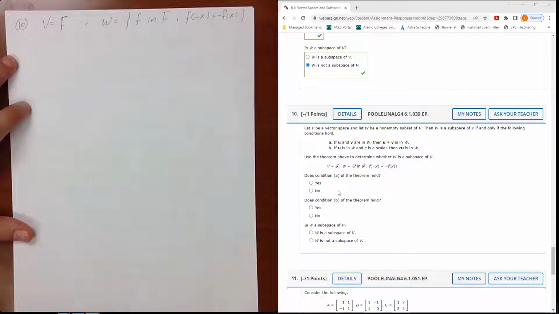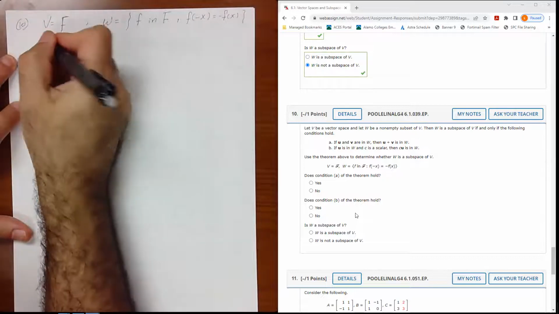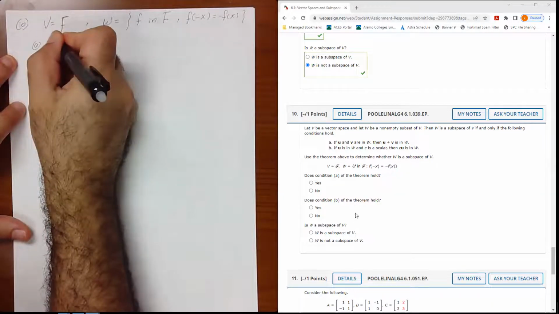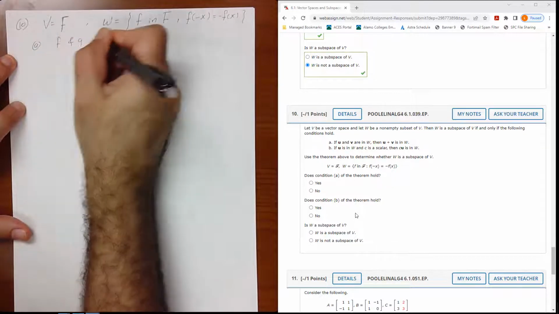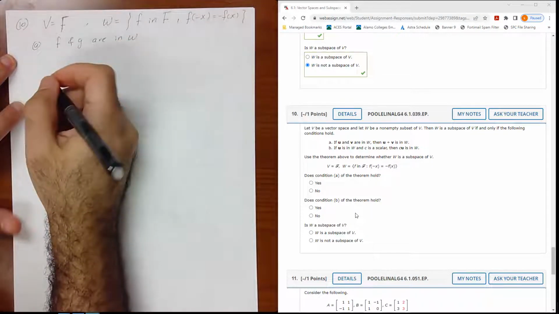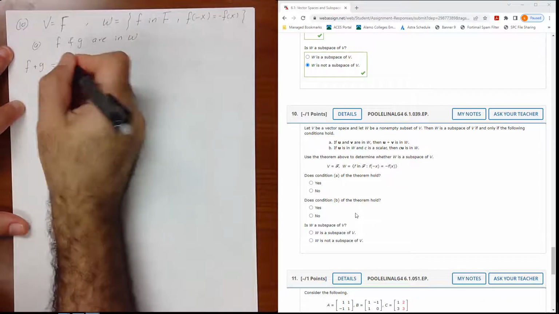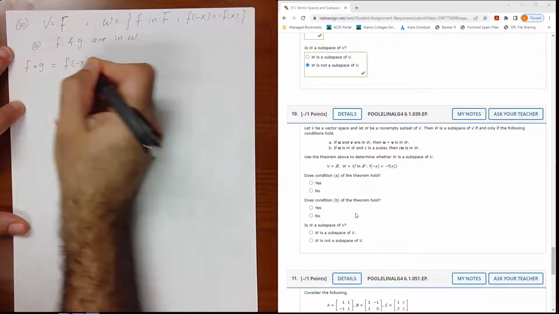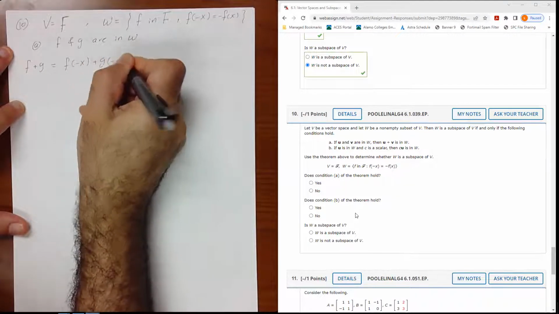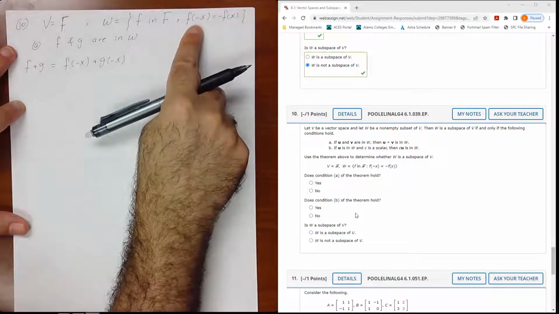So let's check the two conditions for this example. We're going to let two functions belong to W, like f and g. f and g are in W. That means f plus g is going to be equal to f of negative x plus g of negative x, because that's how our function looks.